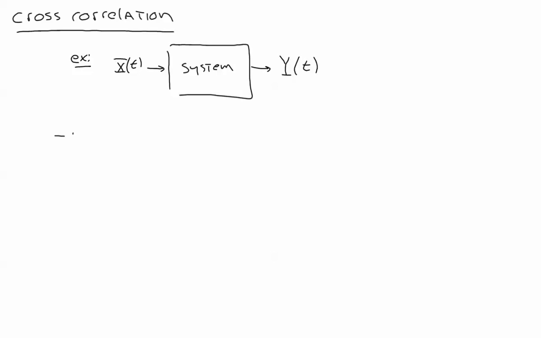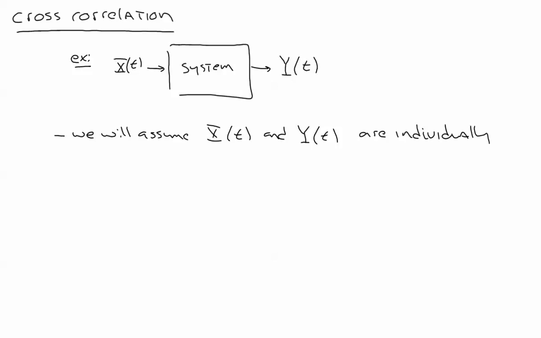We're going to assume that my random processes X of t and Y of t are individually wide sense stationary, and also at least wide sense jointly stationary.